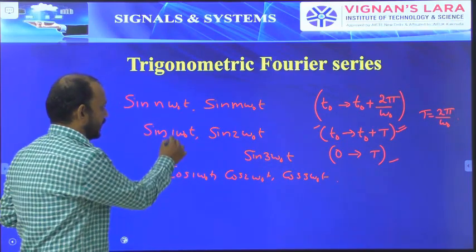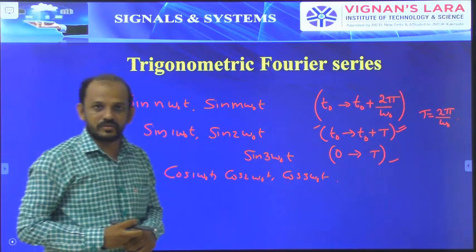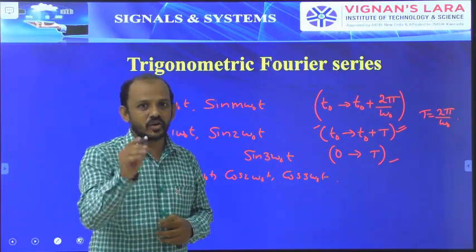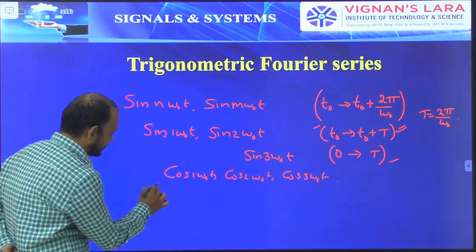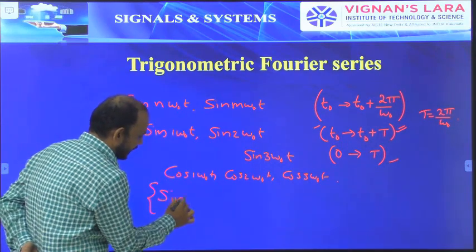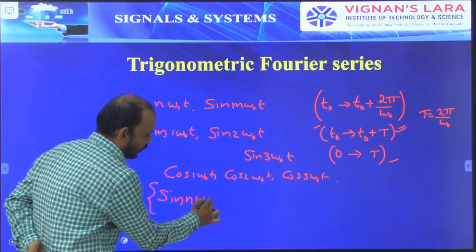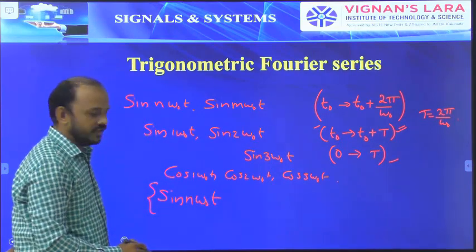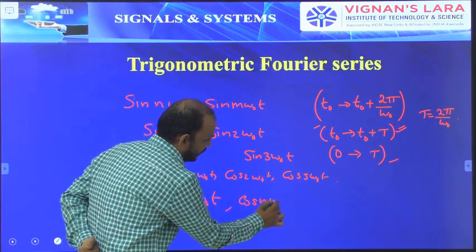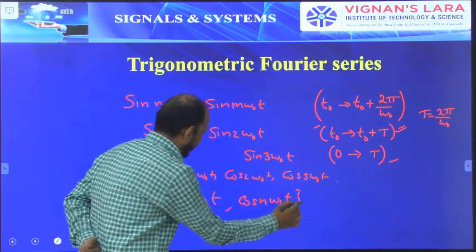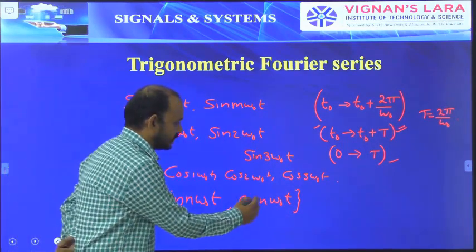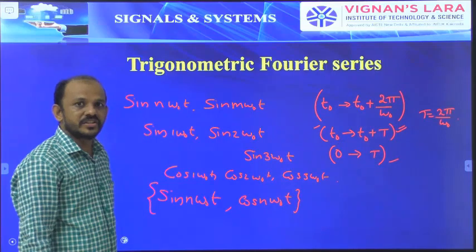So to make it a complete set, I have to consider both sines and cosines. The complete set is sine n omega naught t and cos n omega naught t. So this is a complete set.